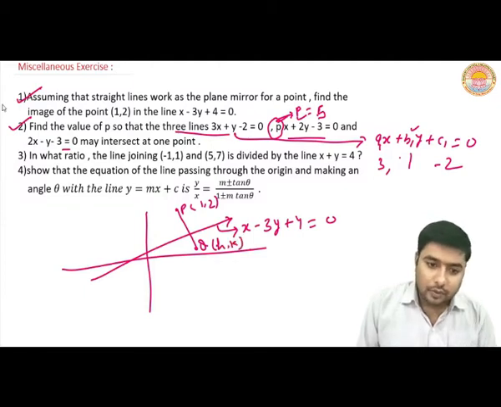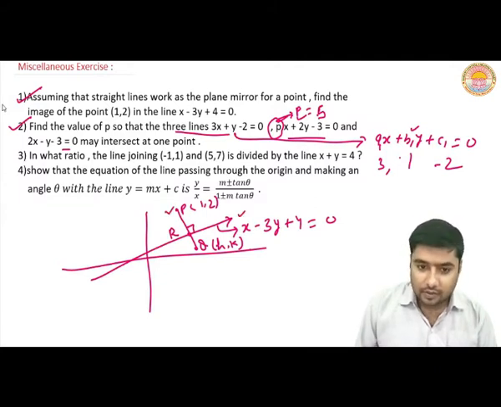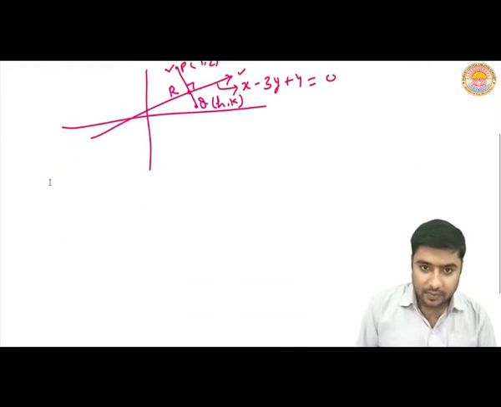Then we know that if Q is the mirror image of P, then this is the perpendicular and this is the midpoint. So R is the midpoint of PQ. So first we can say this line and this line are perpendicular, so we can use the condition of perpendicularity.